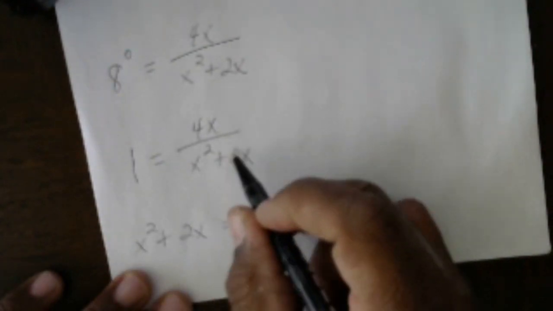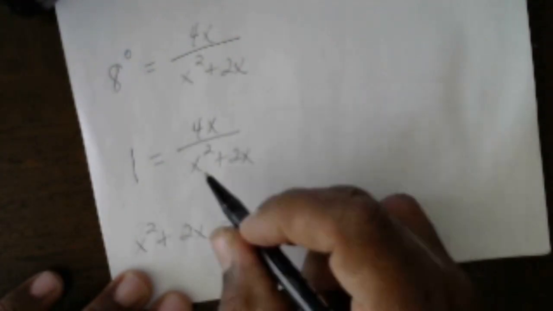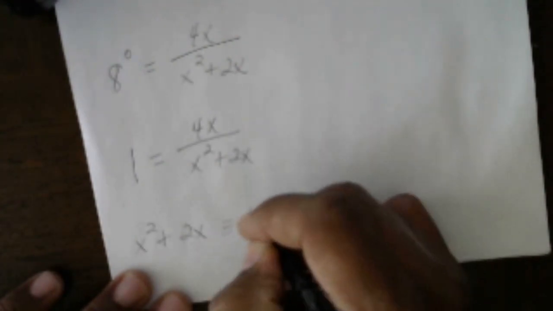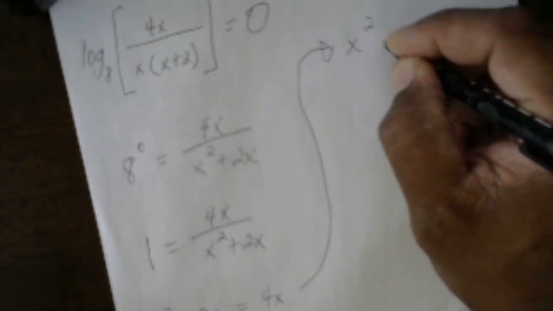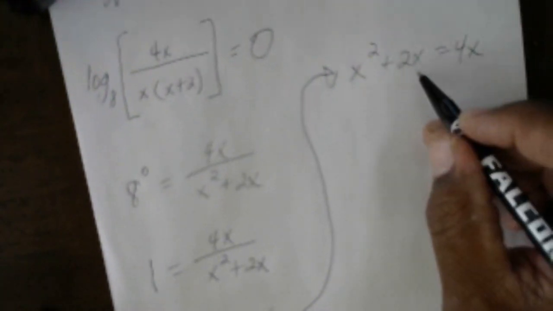If I were to multiply my right-hand side by x squared plus 2x, it would cancel out my denominator, so that would leave me with 4x. And I'm just going to transfer this up here. So we have x squared plus 2x is equal to 4x. So here I'm going to subtract 4x from both sides.